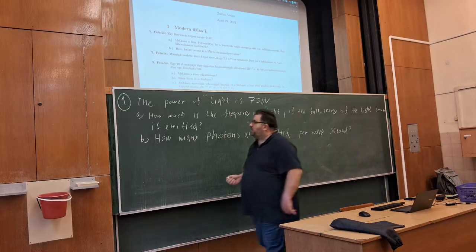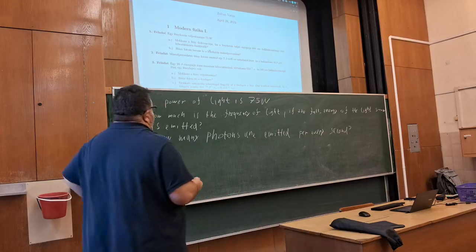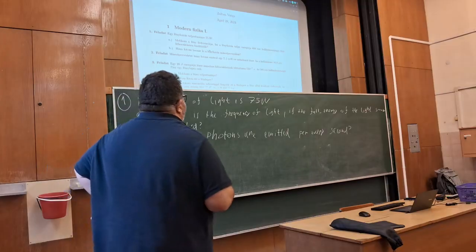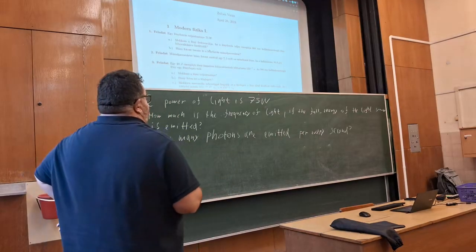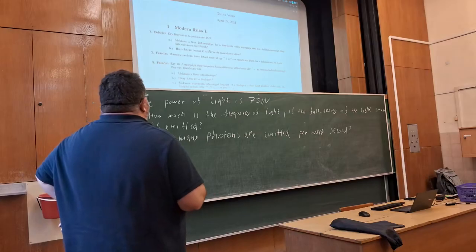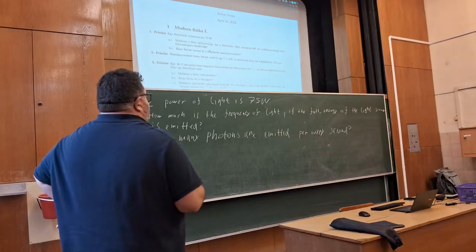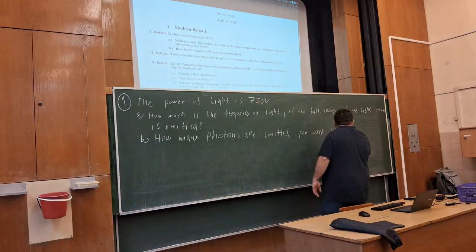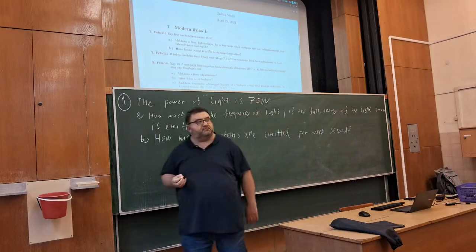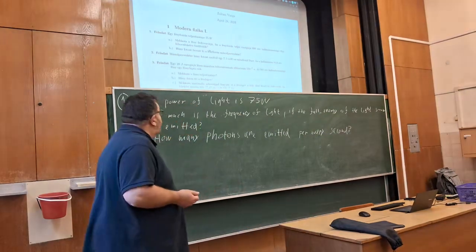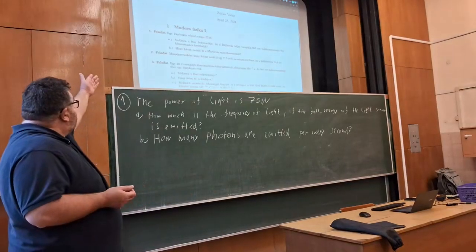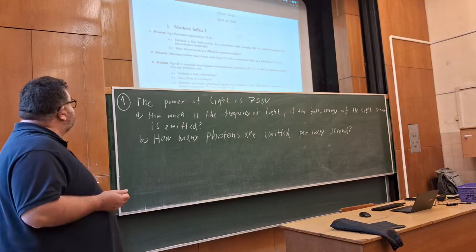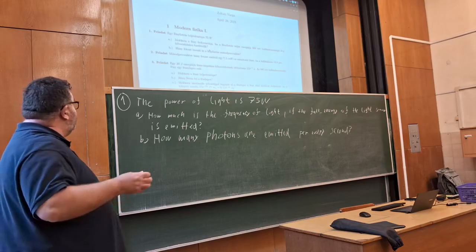Okay, so the power of the light source is 75 watts. Questions. What is the frequency of light if the full energy of the light source is emitted? How many photons are emitted every second? So, okay, question A. So it asks for the frequency of the light source.